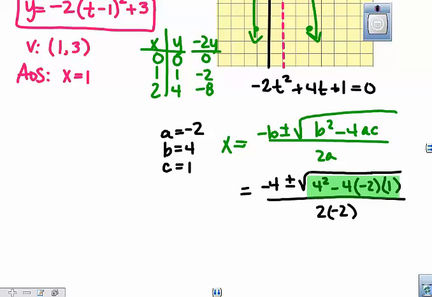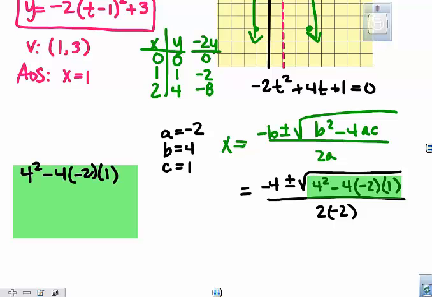So all of this right here, we're going to simplify. 4 squared minus 4 times negative 2 times 1. 4 squared is 16 minus 4 times negative 2 is negative 8 times 1, negative 8. So minus negative 8 is actually plus. So 16 plus 8 is 24.